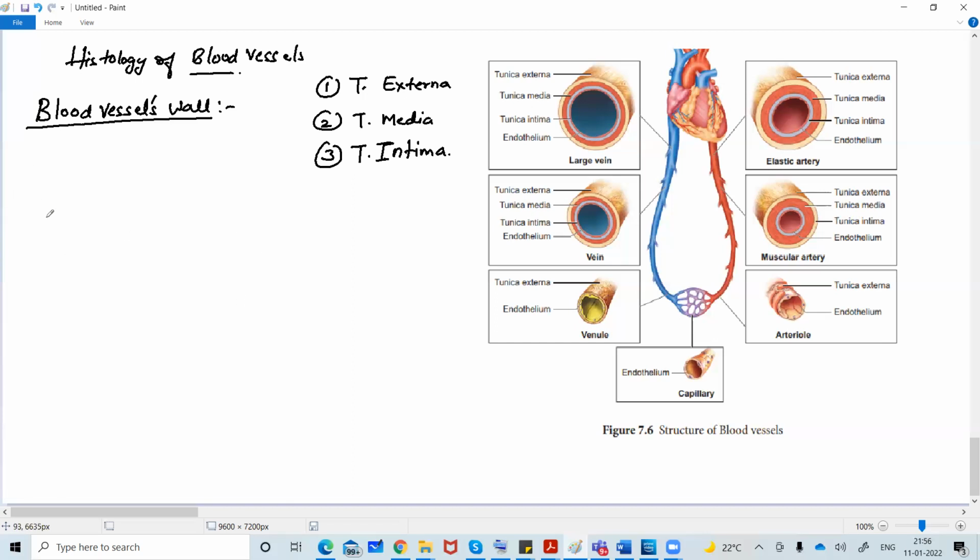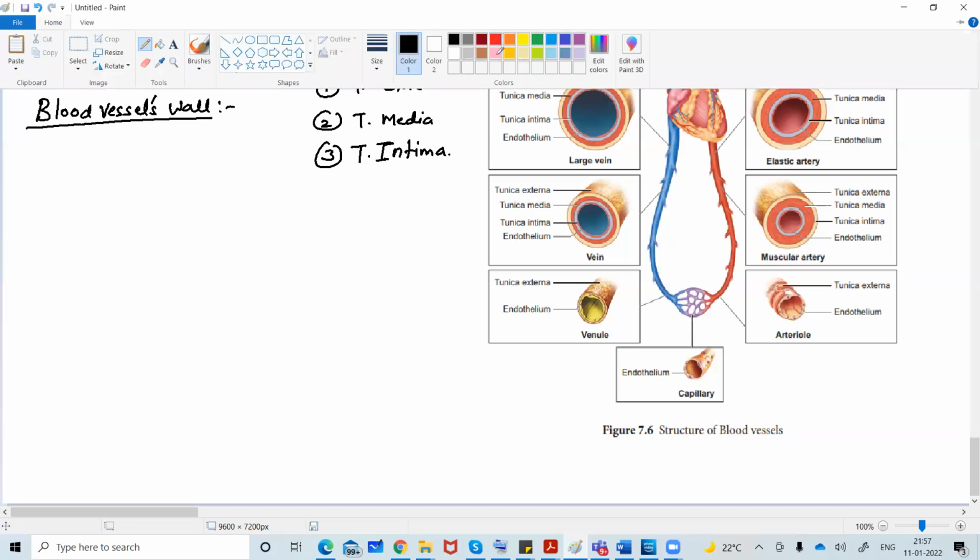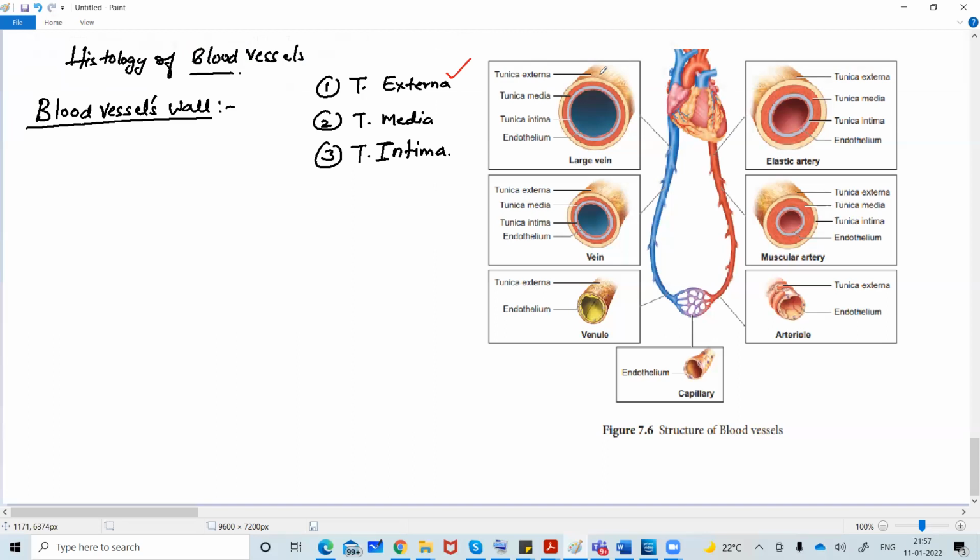Okay, so let's begin with the Tunica Externa first. And the names are common. You can see in the vein also Tunica Externa is present, and arteries also have Tunica Externa. See the width, see the diameter of the lumen.